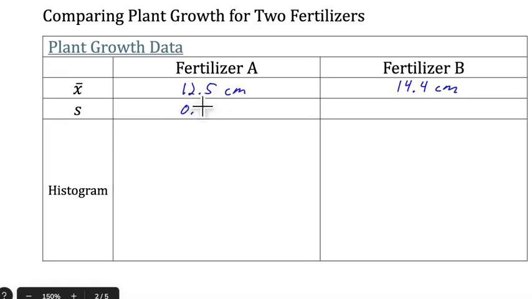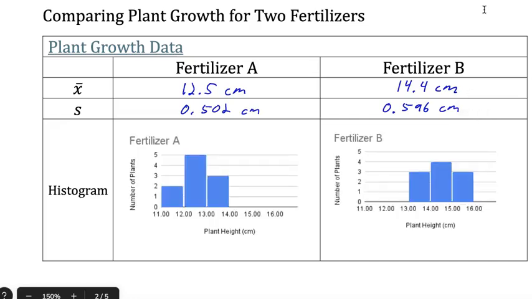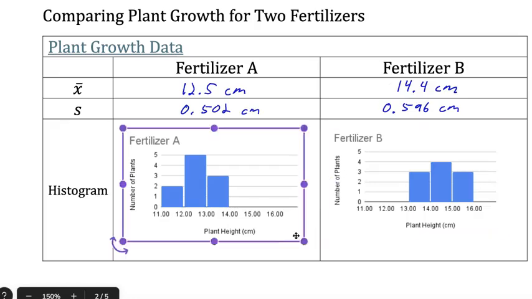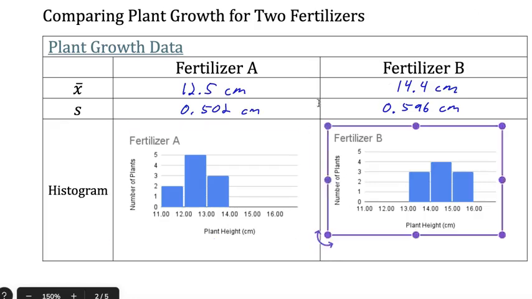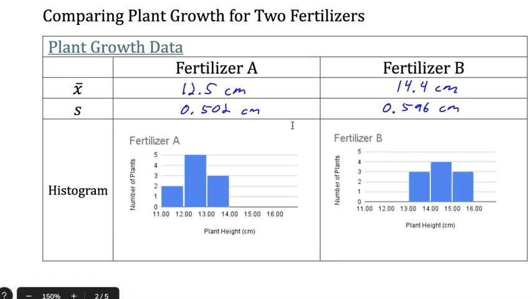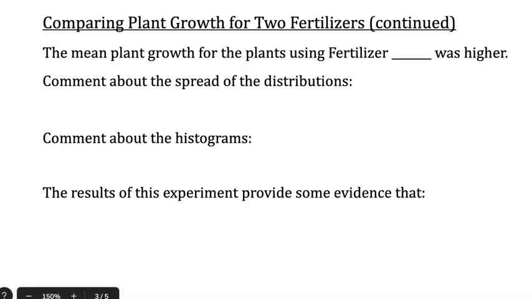And that was 0.502 centimeters for the fertilizer A group and 0.596 centimeters for the fertilizer B group. And the two histograms. So we have the sample mean, the sample standard deviation, and the histograms, and we're going to use those to make a comparison.